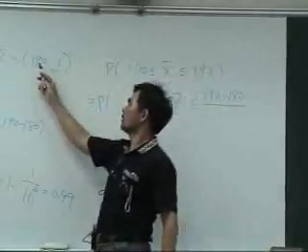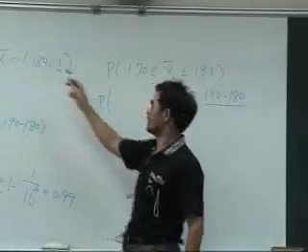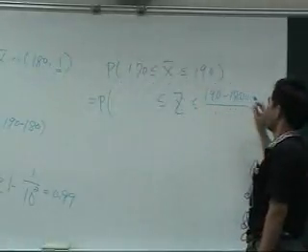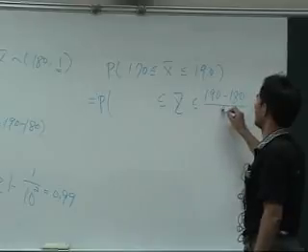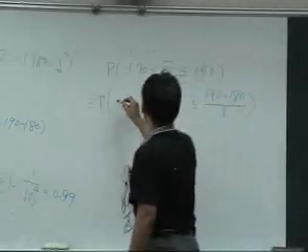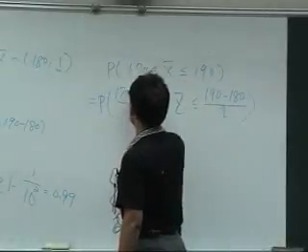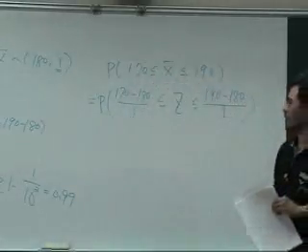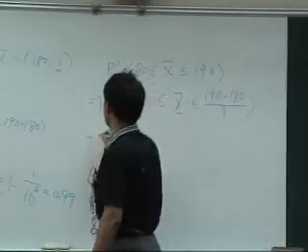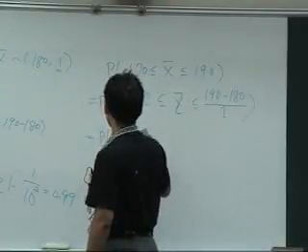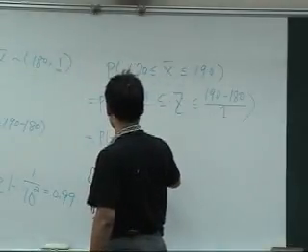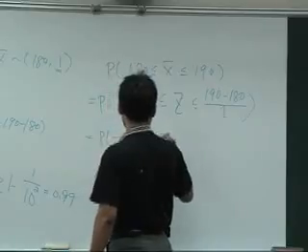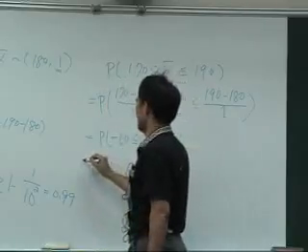180 is the mean. 190 minus 180 divided by 1, and then 170 minus 180 divided by 1. So then what you get is negative 10 less than or equal to z less than or equal to 10.